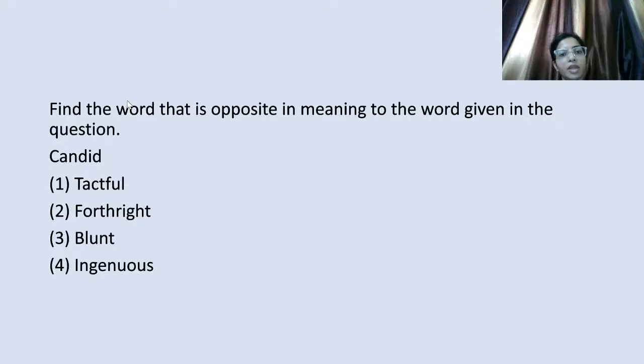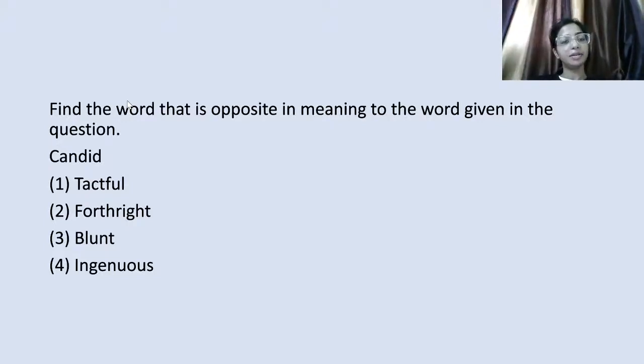Should I start? Okay. So the first option is tactful. Tactful means somebody who is witty, has tactics, is clever, is witty in handling things or talking or doing an act. Forthright means somebody who is upright, straightforward. Whatever is there in mind, can speak or he'll do that.